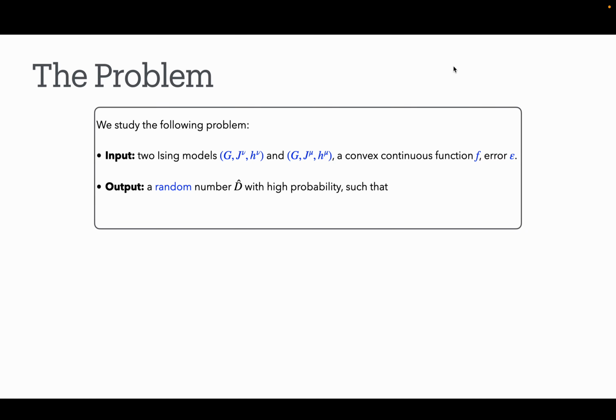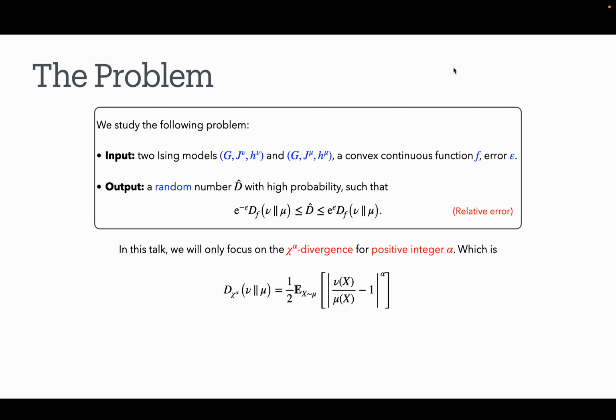We want to output a random number d-hat such that with high probability d-hat is a relative error approximation of the real f-divergence. In this talk, we will only focus on the chi-alpha divergence for positive integer alpha, and for the other divergences, we will briefly introduce them, and we have a similar algorithm for them.